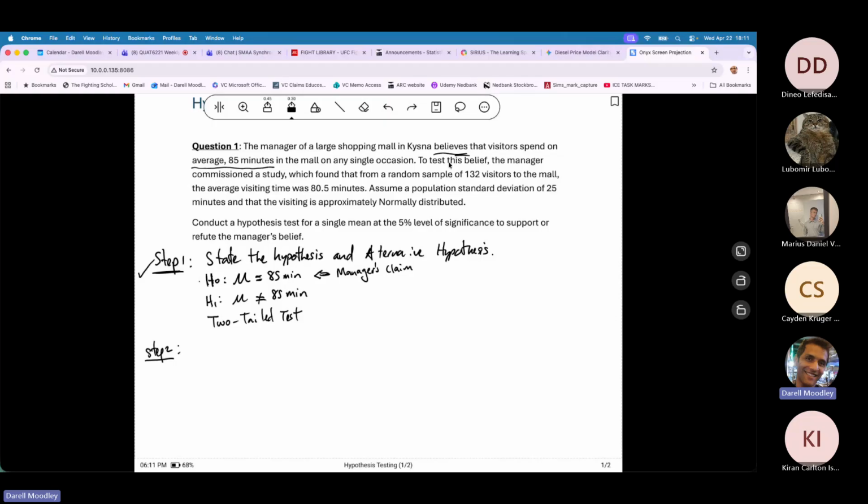It requires you having to use the table at the back of your textbook to find probabilities. So from all of the steps, I would say step 2 probably requires the most amount of effort. All right, so just focus on this, and if you have any questions on it, please stop and ask me. Okay, it's very important that you understand this. Now, step 2 is to determine the rejection region.